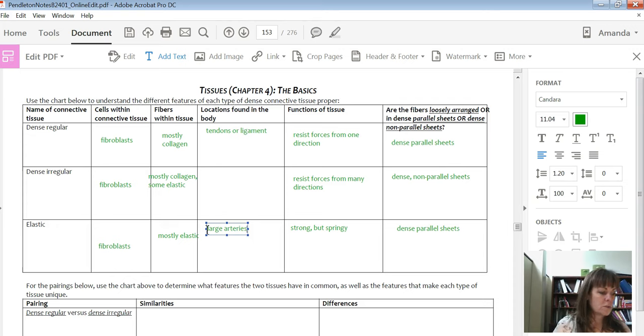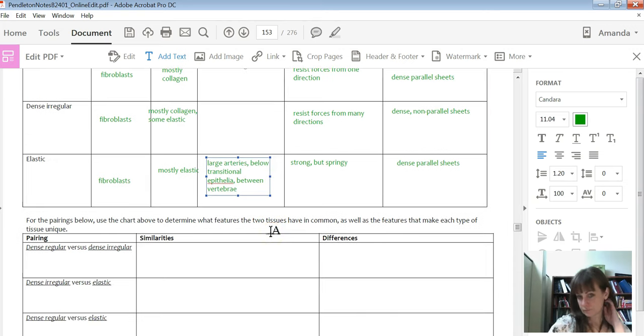So we're going to have it between large arteries. It's going to be below transitional epithelia. We're going to have it between our vertebra. We're going to have other things between our vertebra, but we will find it there. And so those are some of the major places that we find it.